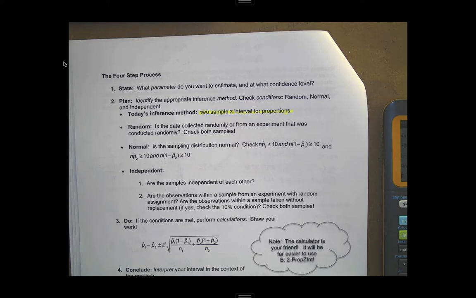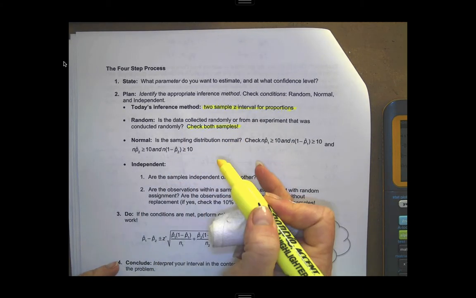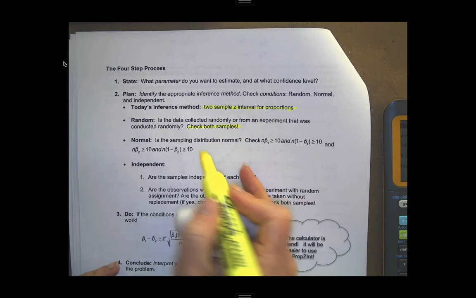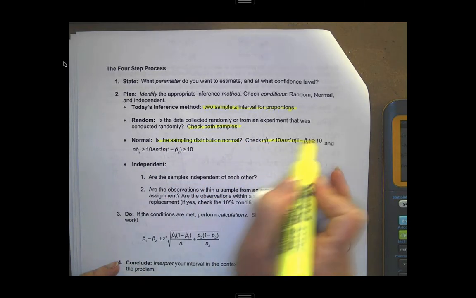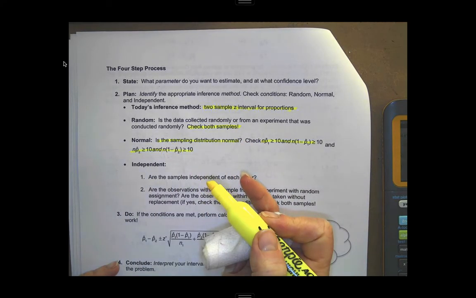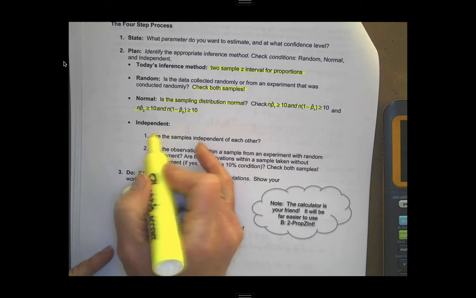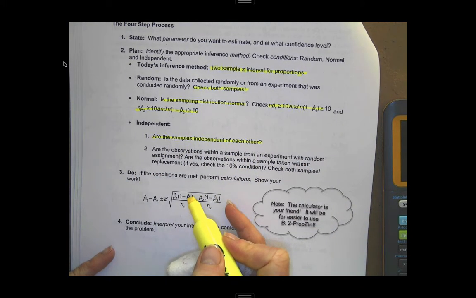The random check looks the same, but the problem is you have 2 samples, or 2 groups that were randomly assigned. The normal check looks the same, but again, 2 things to check. The independent check, there's a new part to this. You have 2 samples. You need these samples to be independent of each other.